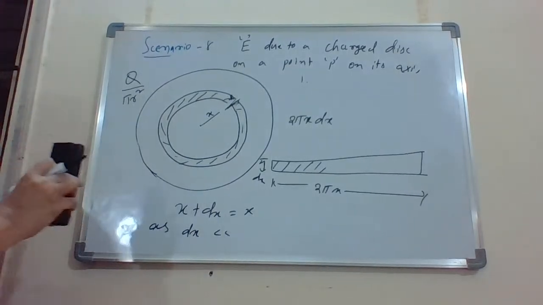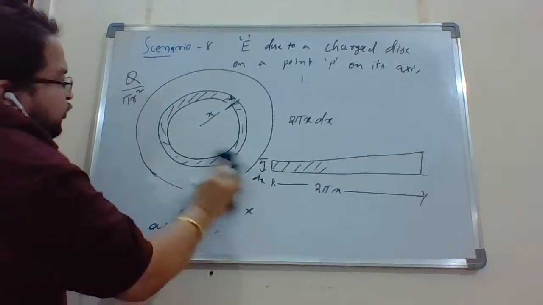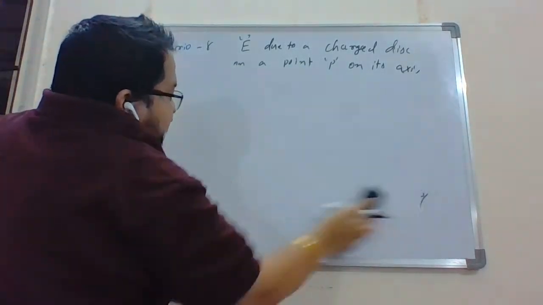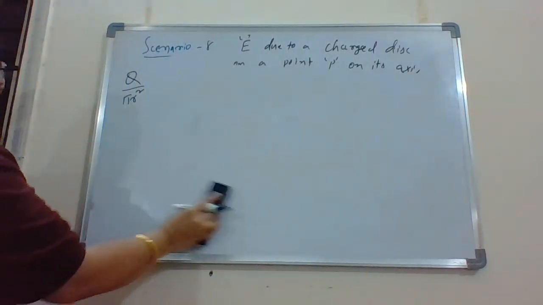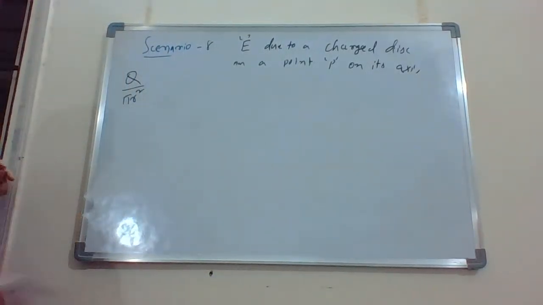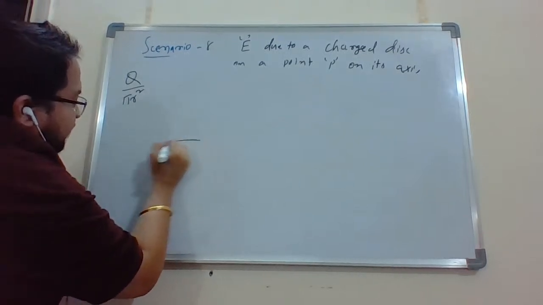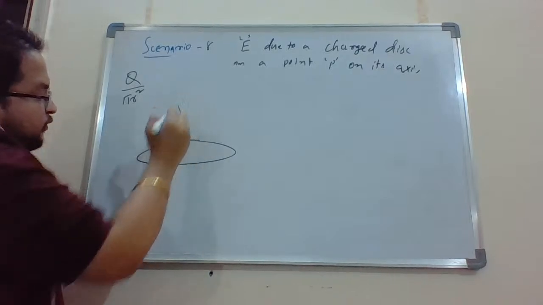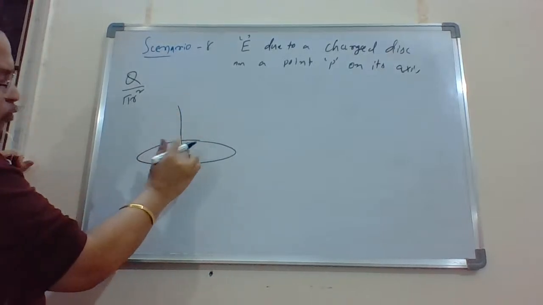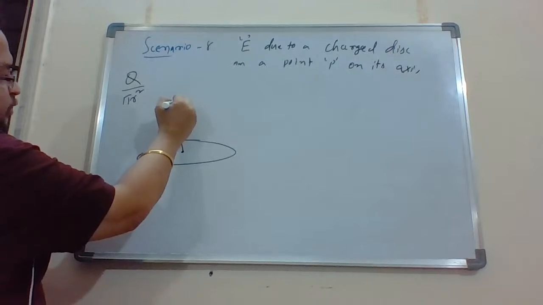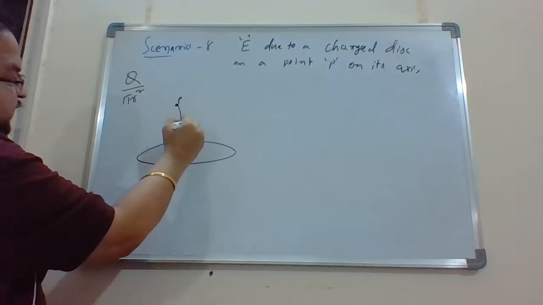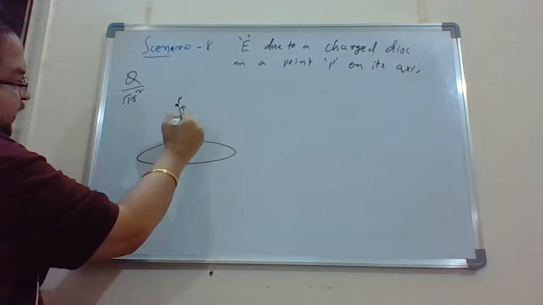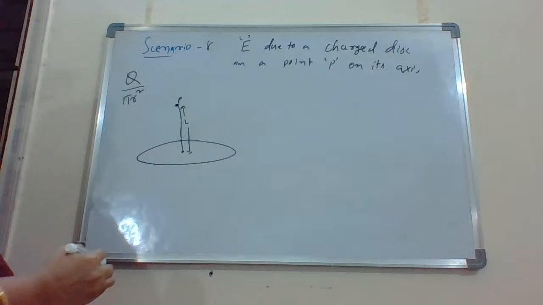After you have understood this, let us solve the rest of it. Say this was my disk, and from the center of it, at a point P which is at a distance, let us say, l, we need to find the field.